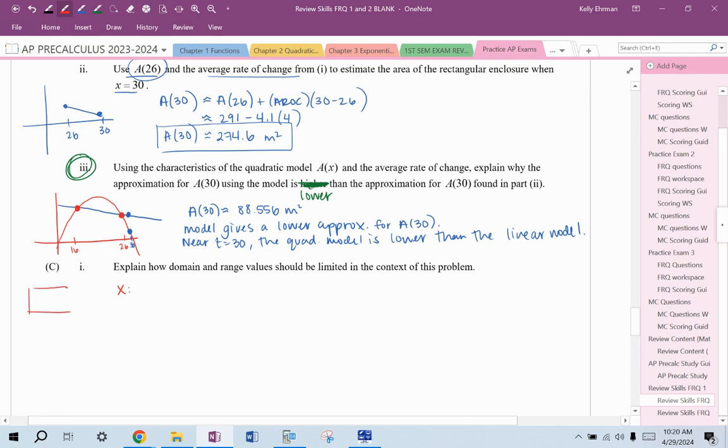So x is like the length of a rectangle. X must be positive, can't be 0. But it also needs to be limited to what x values give us positive areas. So x must be positive and create positive areas. Now, I don't think you have to actually explain that, but that's my explanation for what I'm about to do.